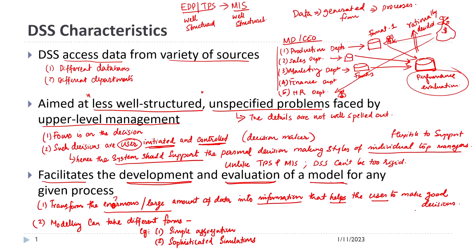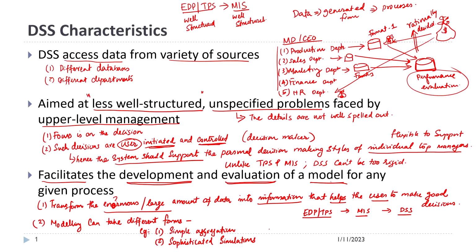And another aspect of this DSS is that if you look into the EDP or TPS, the MIS and the DSS, these are the three things that we discussed so far. Okay.